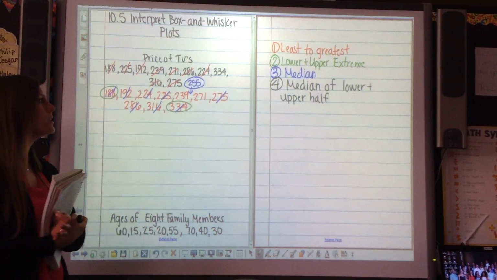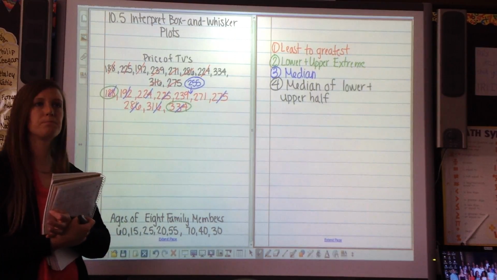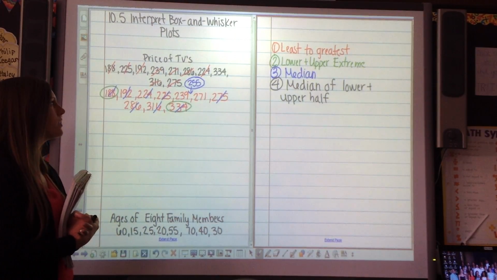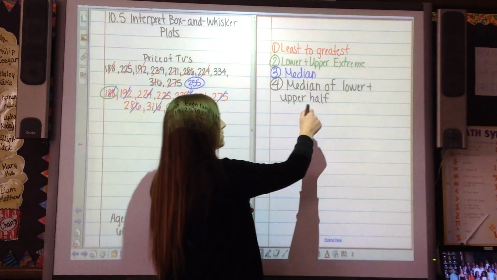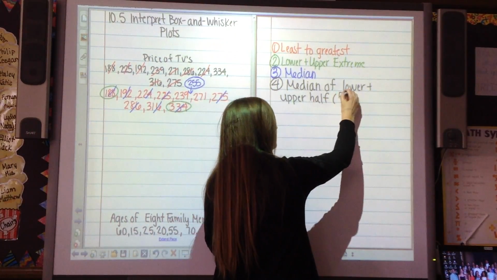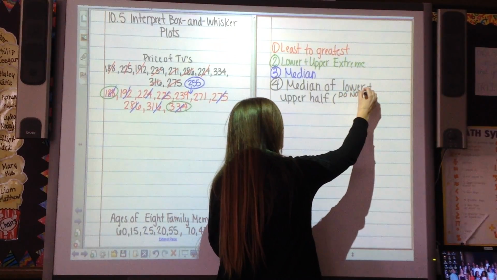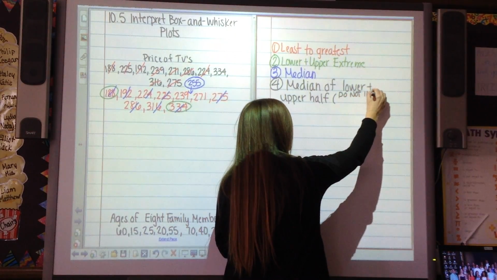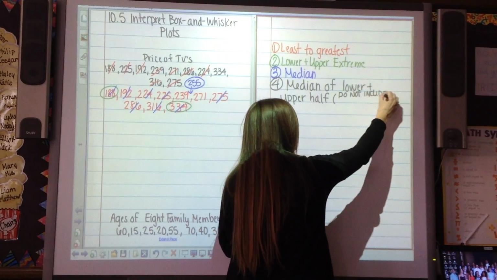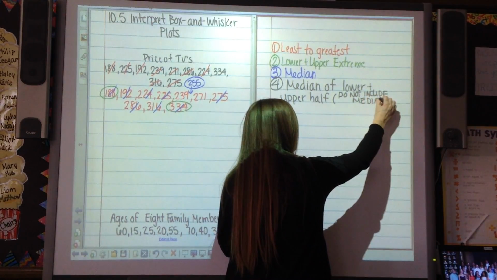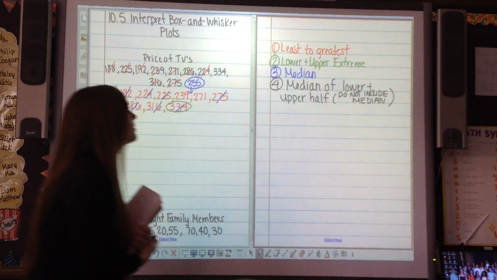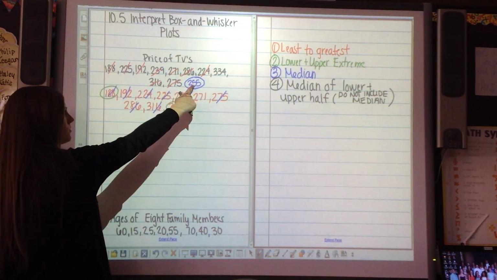When you're finding the median of the lower and upper half, you do not include the median that we already found. We are not including the median. Okay, so I'm not going to include this number.